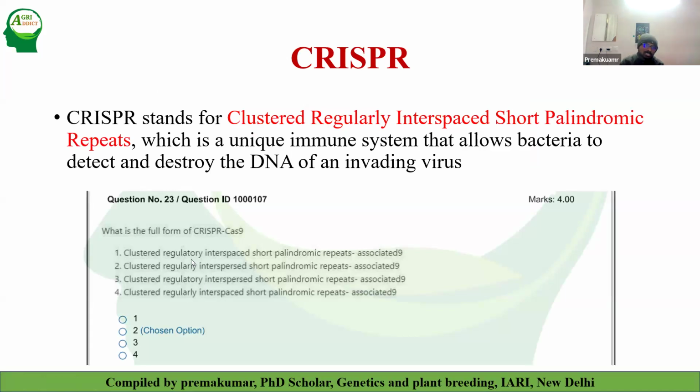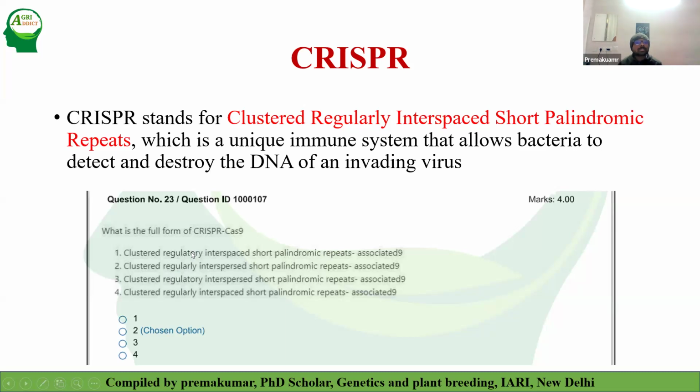It is clustered regularly interspaced short palindromic repeats. You should remember each and every word. In the options they have given clustered regularly interspaced short palindromic repeats. Normally while reading I also just read regularly and then forgot or missed these two words.